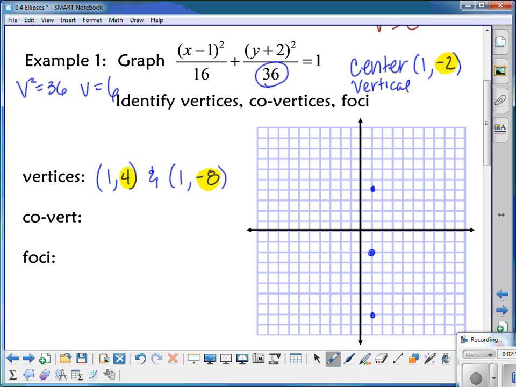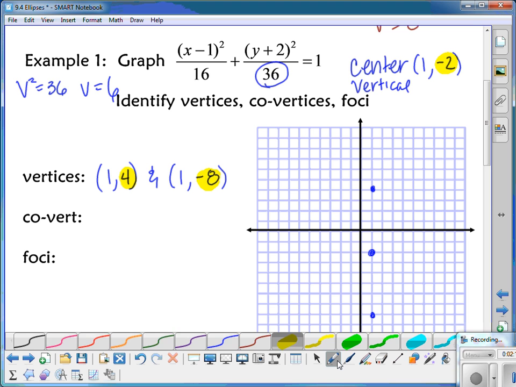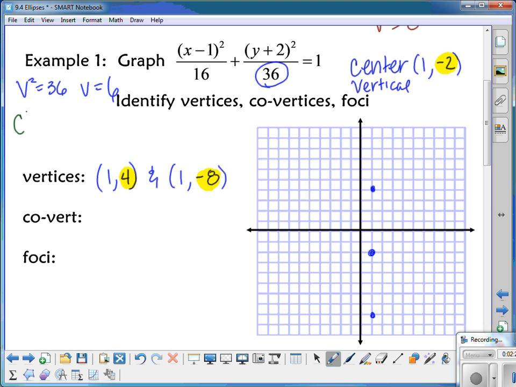Okay. Now we'll do the same thing with the co-vertices. My co-vertices, the distance squared is 16, so the distance has to be 4. So going to the left 4 and to the right 4. 1, 2, 3, 4. 1, 2, 3, 4. So I'm essentially adding 4 to my x value and subtracting 4 from my x value.